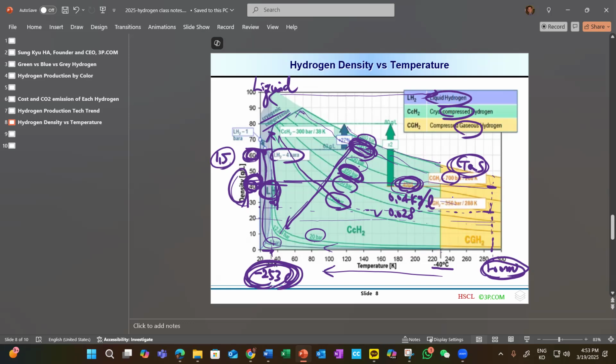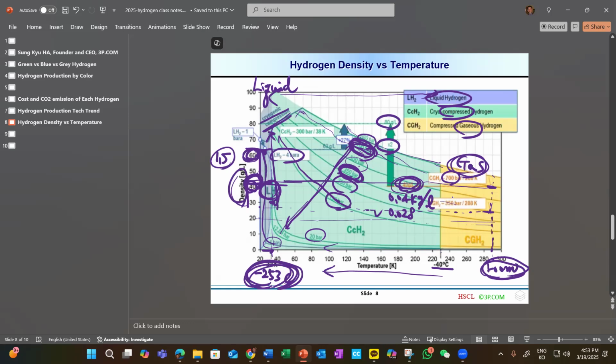There's a very special bar. X2 means twice, so twice means 80 gram per liter. This is called cryogenic compressed.